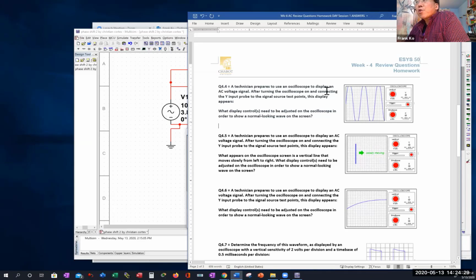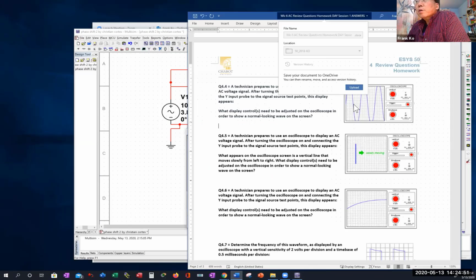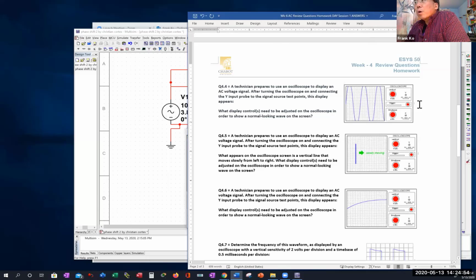After turning the oscilloscope on and connecting the Y input probe to the signal source test points, the display appears like this. Let's see if I can mimic that. And I'm going to take away one waveform. So do we have something? Yeah, pretty close.